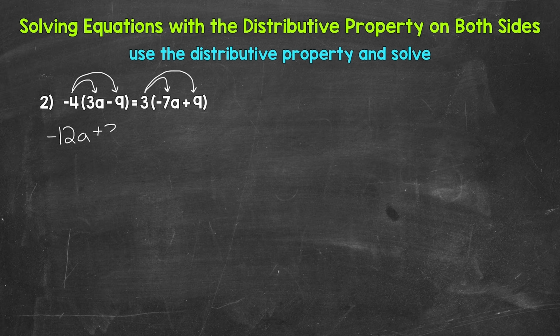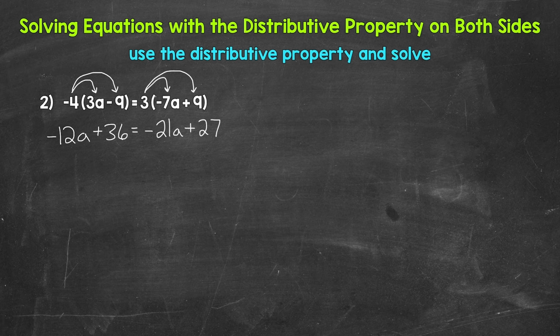So this gives us plus 36 equals, and then on the right side, we will start with 3 times -7a. That gives us -21a. And then we have 3 times 9, which gives us 27. So plus 27.